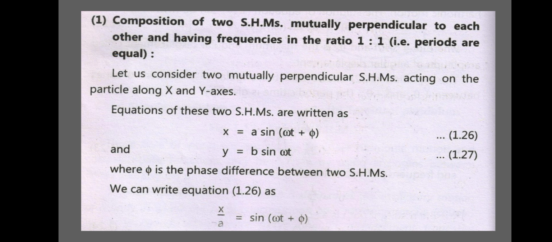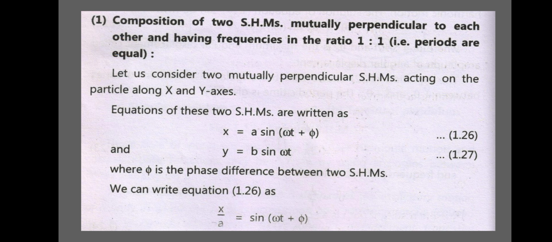Now equations of these two SHMs are written as x = a sin(ωt + φ) and y = b sin ωt, where φ is the phase difference between the two SHMs. a and b are the amplitudes, one along x direction and the other along y direction. That means both are mutually perpendicular to each other.